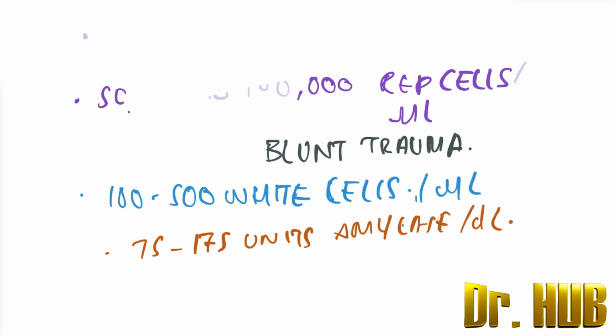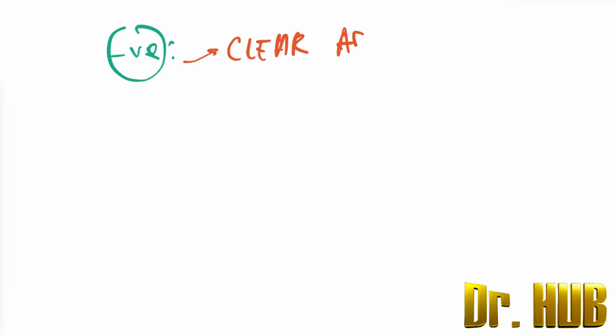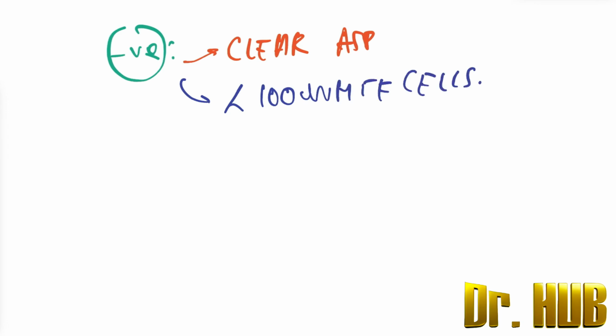Now let's move on to the negative. In terms of negative, there is the presence of a clear aspirate. Next, there are less than 100 white cells.